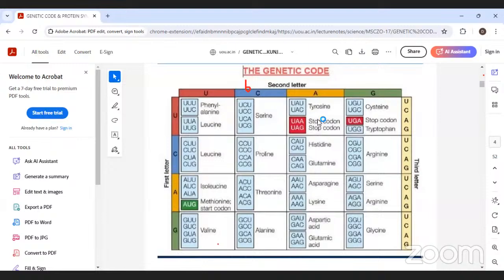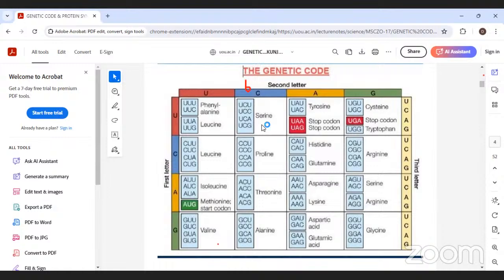The remaining three triplets are UAA, UAG, UGA. These three do not specify amino acids. How many codons are there? Totally 64 codons are present, but only 61 codons specify amino acids. The remaining three are UAA, UAG, UGA.